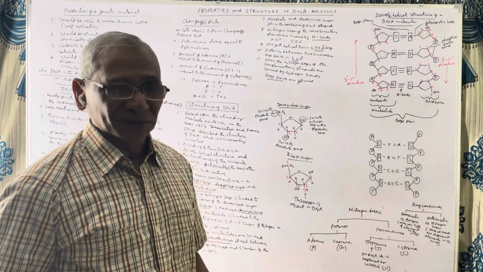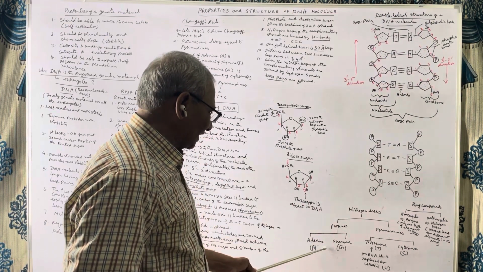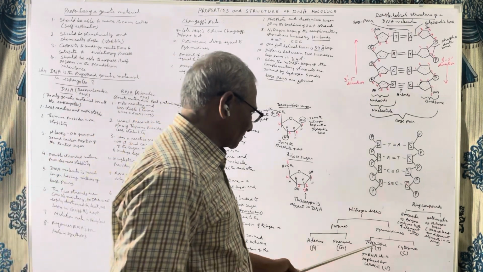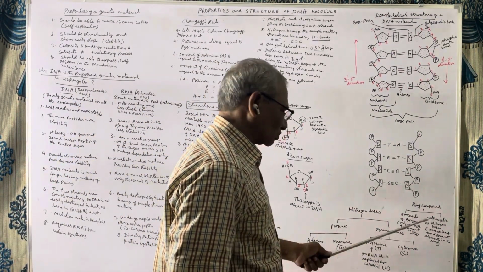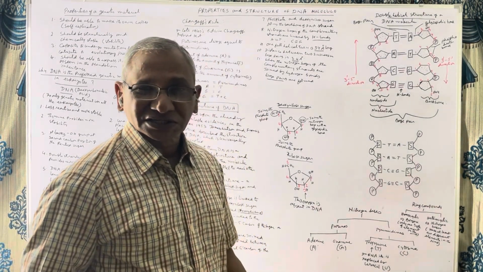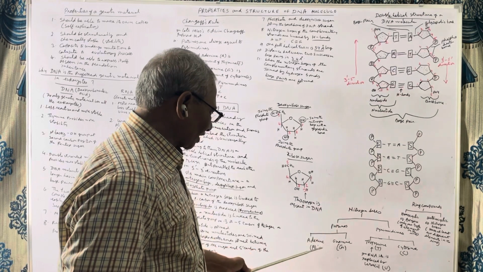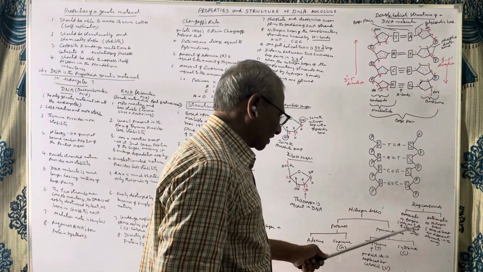Purines are 2 types again, adenine and guanine. Pyrimidines are thymine and cytosine. This is about DNA. So in DNA, the purines are adenine and guanine. The pyrimidines are thymine and cytosine.